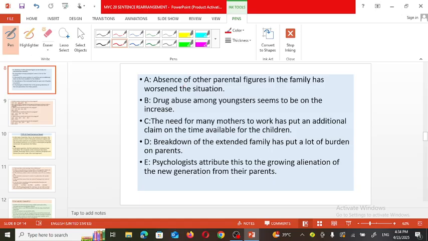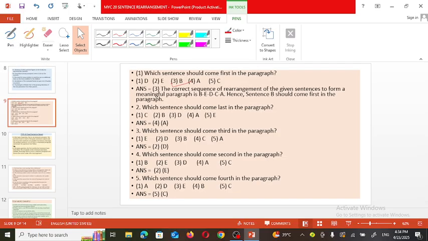In ancient times, there was a joint family system. So grandparents were there with the children to spend time with them. Children used to spend quality time with their grandparents. This is lacking nowadays, and that's why we are facing such problems.